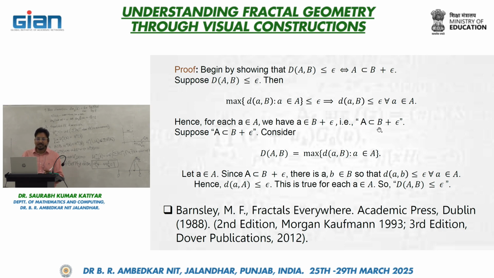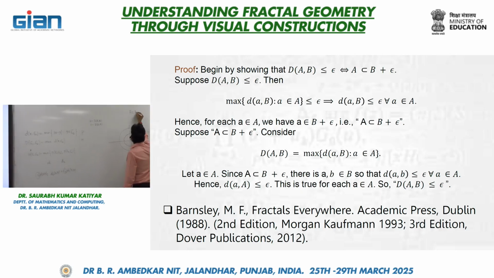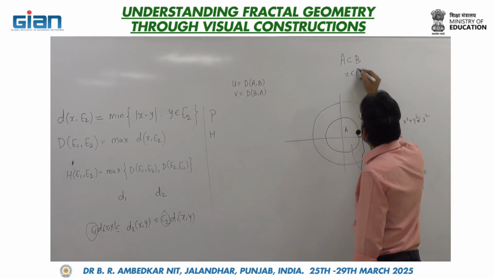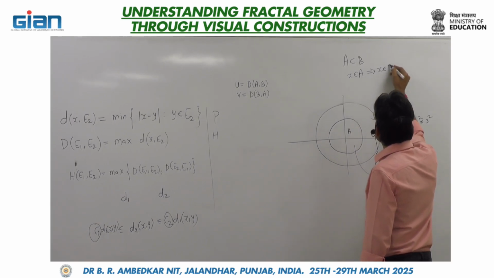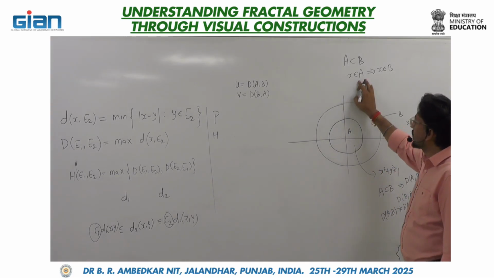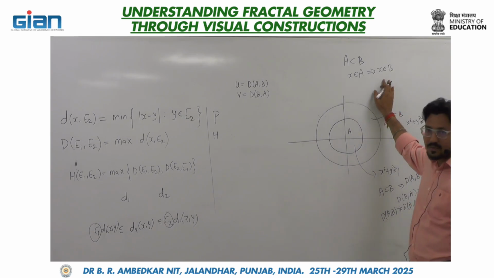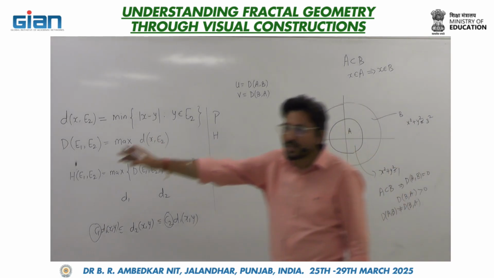That means A is a subset of B plus epsilon. Very elementary thing: how do you prove A is a subset of B? You take x belongs to A, and if x is in B, that means A is a subset of B. So you take x belongs to A, then prove that x is also in B, then A is a subset of B. So I am trying to do the same thing here.